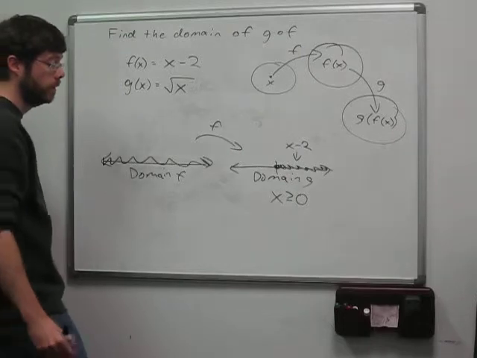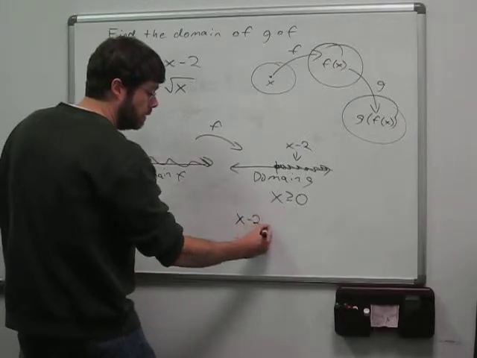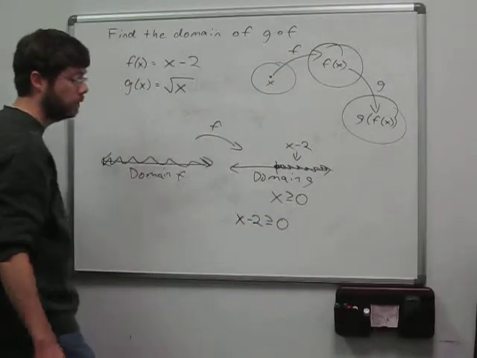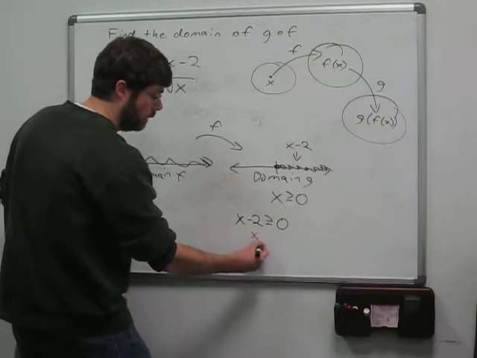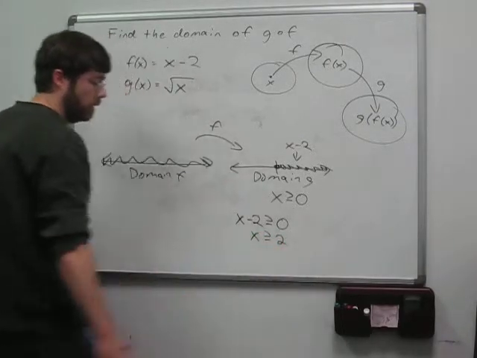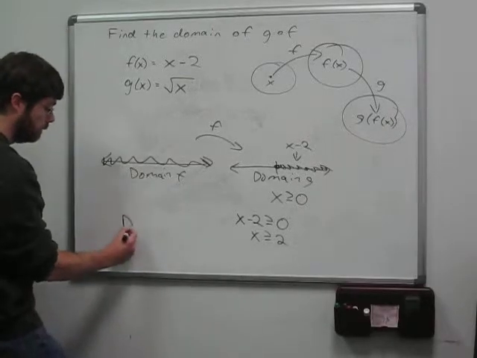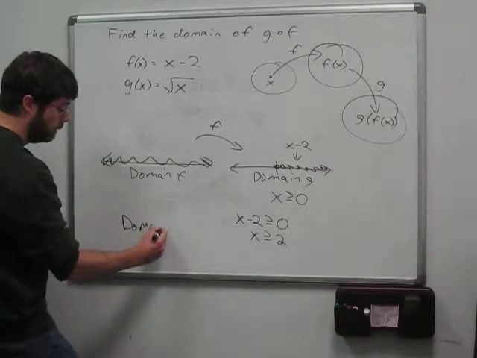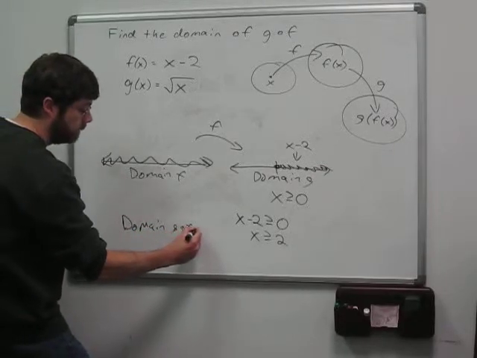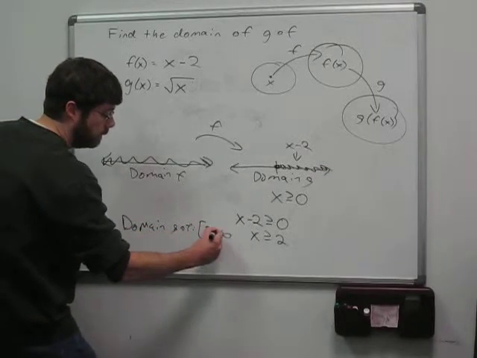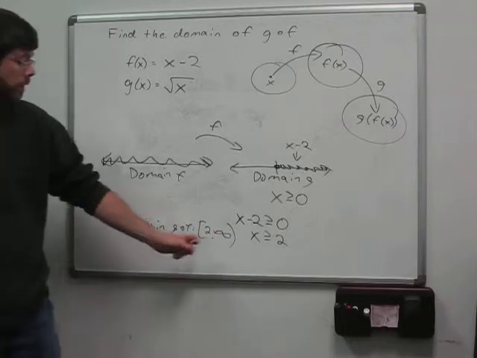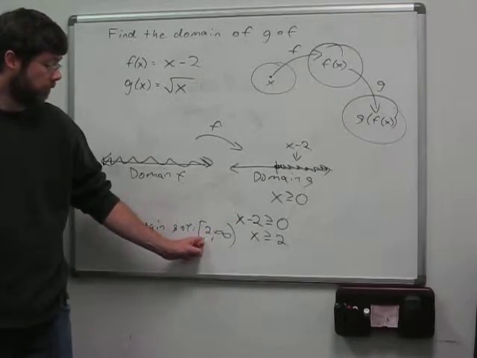In other words, x minus 2 must be greater than or equal to 0. Solving that expression, we get x greater than or equal to 2. So the domain for g of f is 2 and all the x's greater than 2.